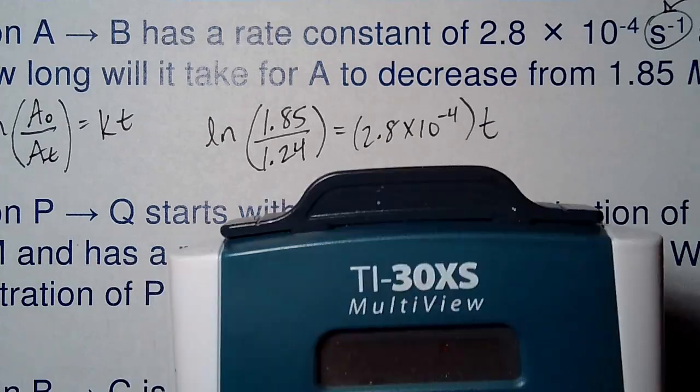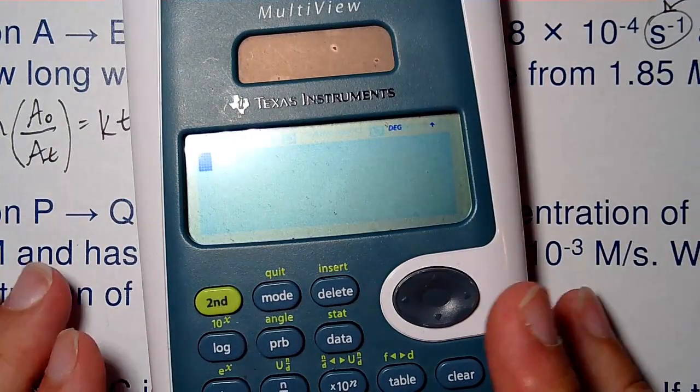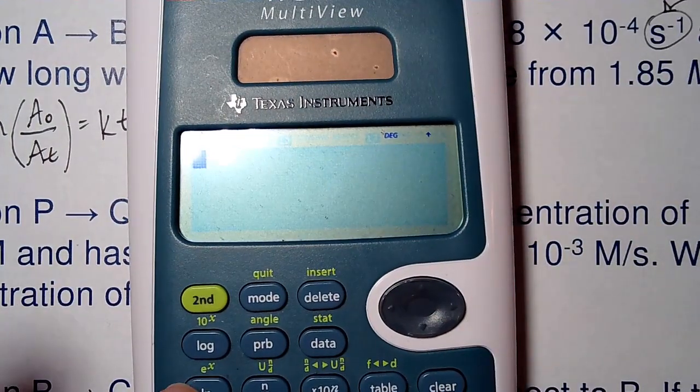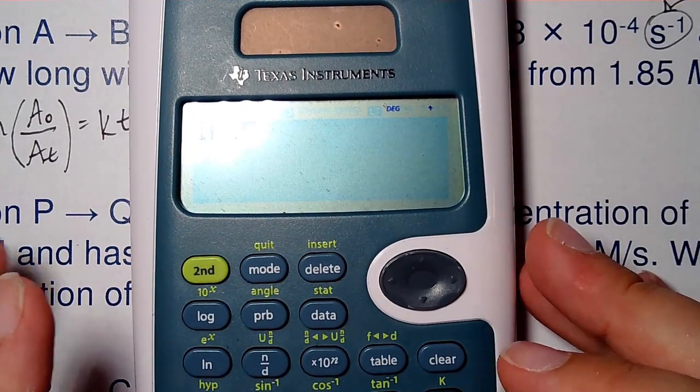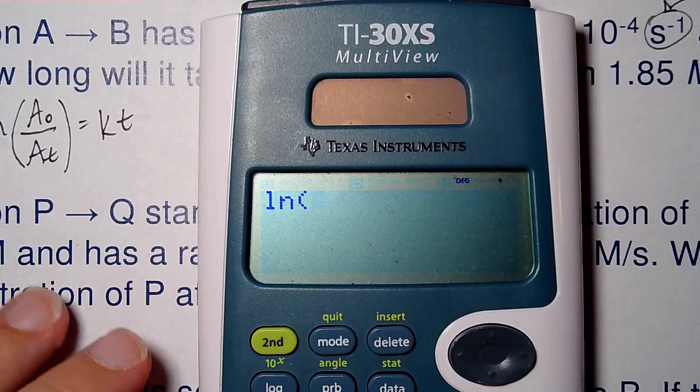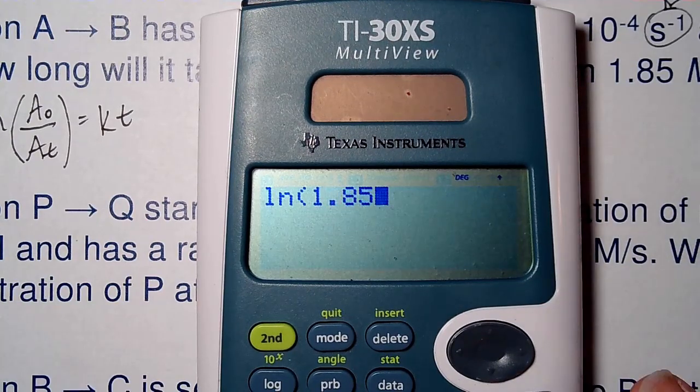So make sure you're familiar with natural log. So I have an ln button right here. So ln 1.85 divided by 1.24.